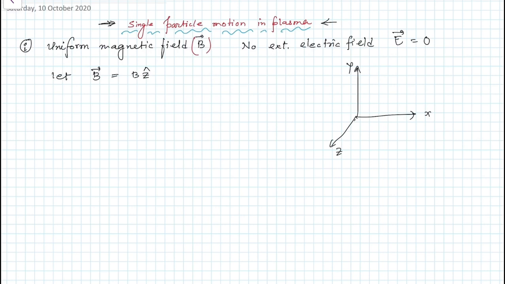It doesn't matter what device you are using, mobile or laptop, the direction of the magnetic field we have taken is along the Z axis, coming out of the screen. Imagine it like that. Here is a positive charge moving with velocity v, and this is the direction of the magnetic field.